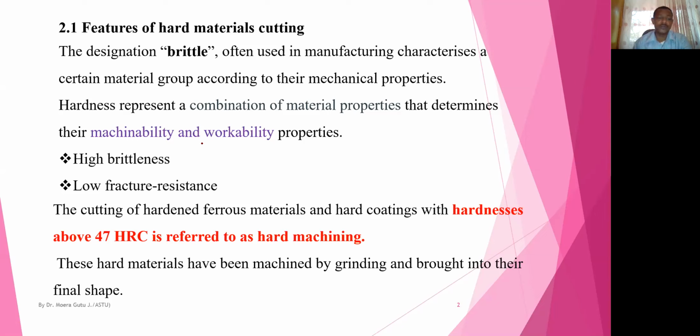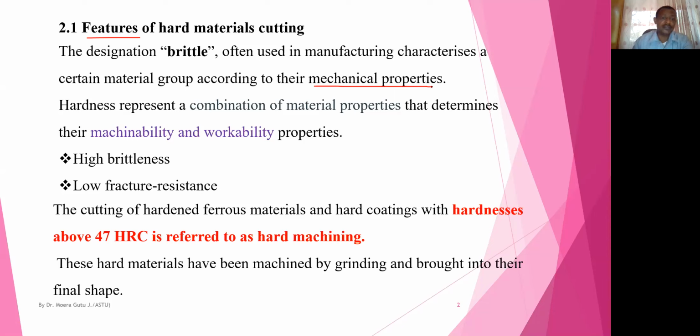In this chapter, we will see the features of hard material cutting. What are the features or the properties of hard materials? The designation brittle is often used in manufacturing to characterize a certain material group according to their mechanical property. So to say it is a brittle or a ductile material, it is based on the mechanical property of the material.